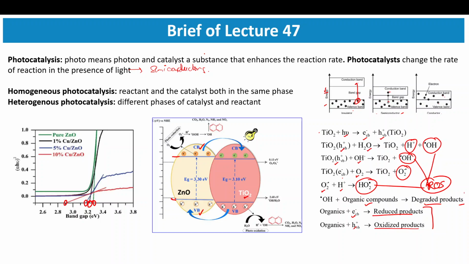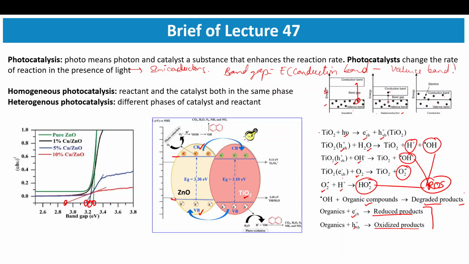high band gap. So band gap is nothing but the difference in the energies of the conduction band and the valence band.